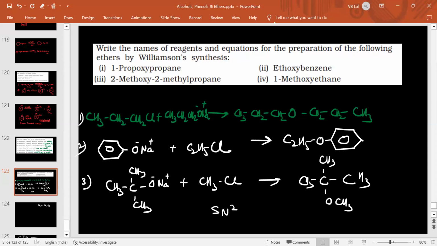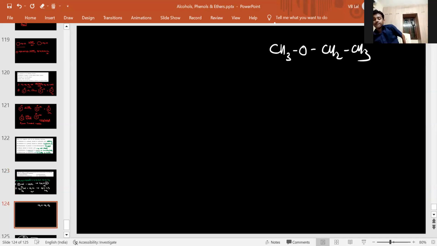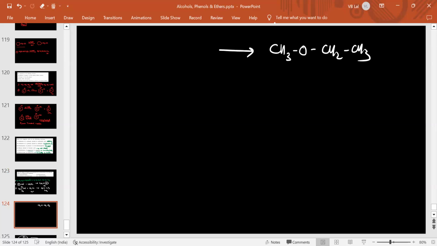So if you have a choice of conducting it by SN1 or SN2, then choose SN2. Here, if I take SN2, then I'll have to decide which will form the alkyl halide and which will form the alkoxide by the size, steric hindrance.